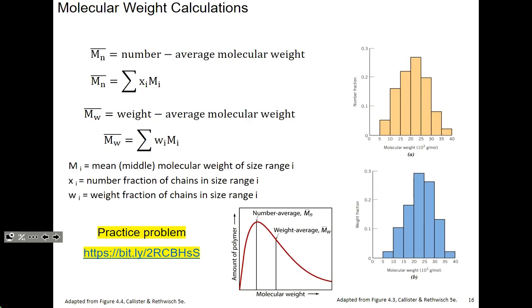Now, in this practice problem, I go through all the details of how to crank out these numbers. The main difference between what's in your book and the plot that I made is the x-axis. So here you see the molecular weight. You see that it starts at 5. Well, it's actually times 10 to the 3. So it's actually 5,000. And it ends at 10,000. Okay?